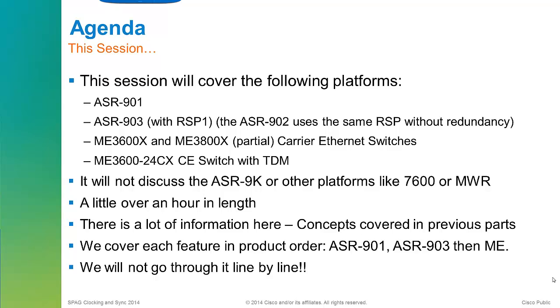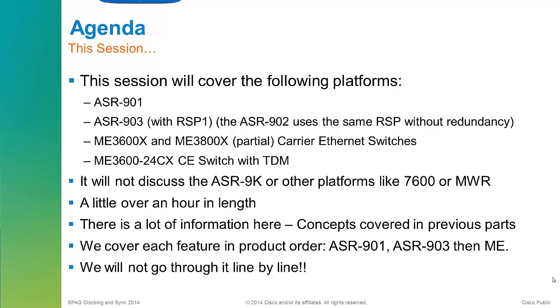This will cover the RSP1 and give you a very good start with RSP2. Also the little brother, the ASR 902, uses the same switch module, the same RSP, but it only has one rather than two, so it doesn't have redundancy. So wherever you see the ASR 903 mentioned here, we're also talking about the 902.